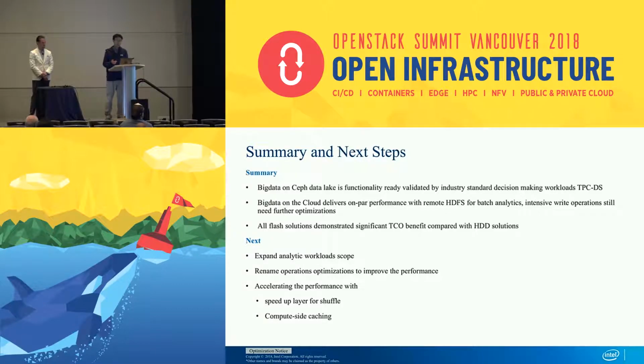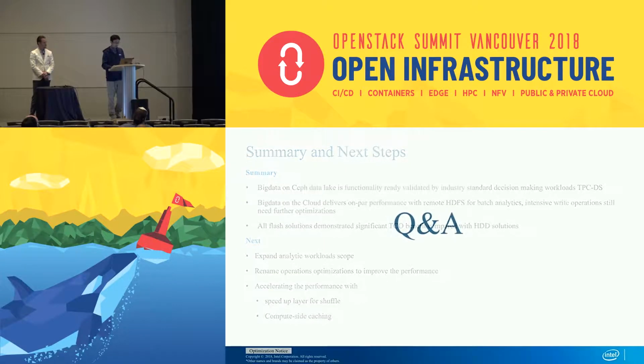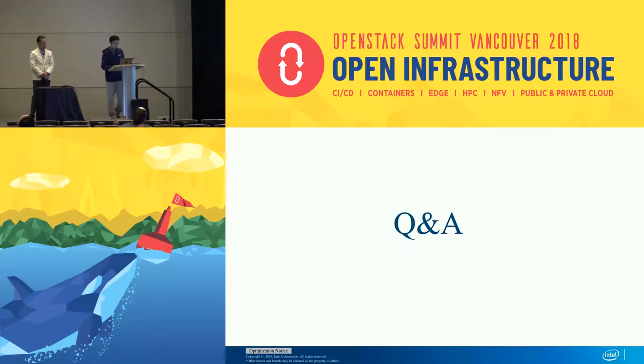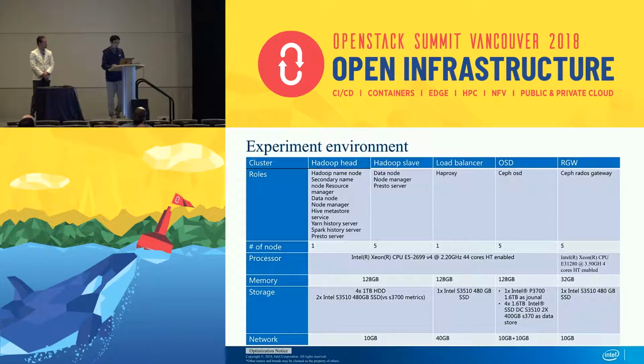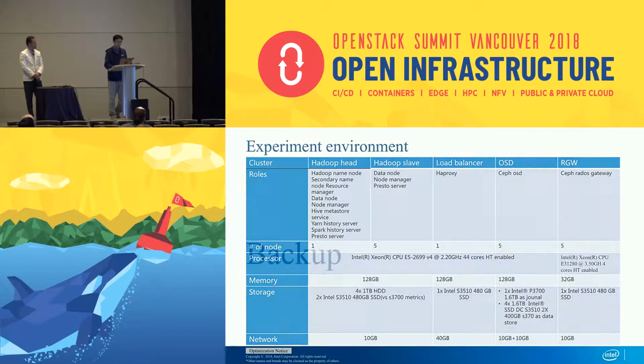Last one is we're going to test if compute-side caching can improve performance for different workloads other than batch analysis. So I think this is it. I have some details in the backup, but I think we can skip that.